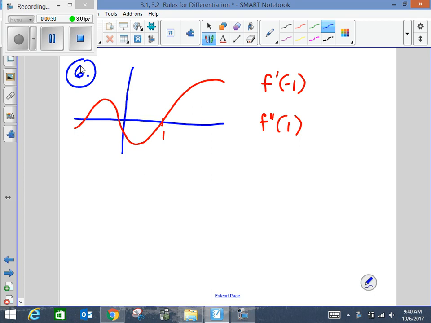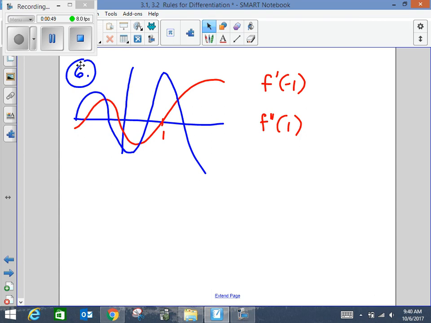And then the blue one looks like that, positive to here, -2 there, positive, okay, ish. Now, we have to figure out which one is f prime.